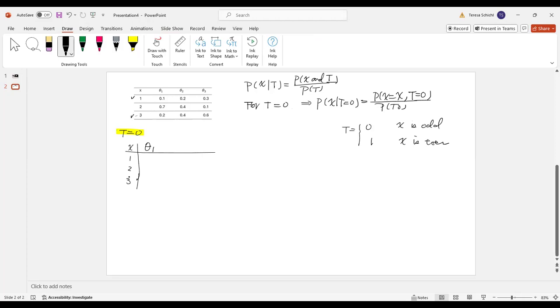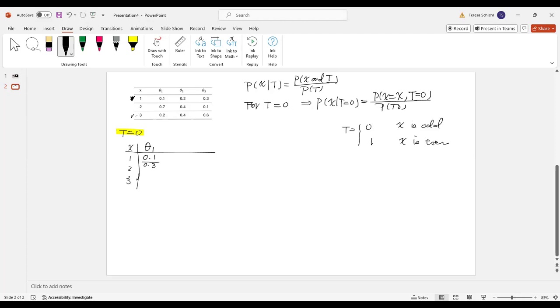So when T equals 0, we include the 0.1 and the 0.2, so my denominator will be 0.3, because it is 0.1 plus 0.2. Then on top here is 0.1.